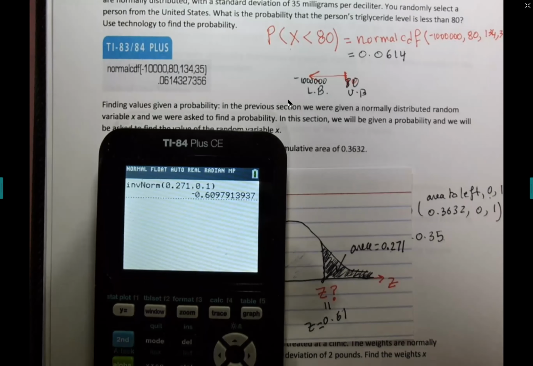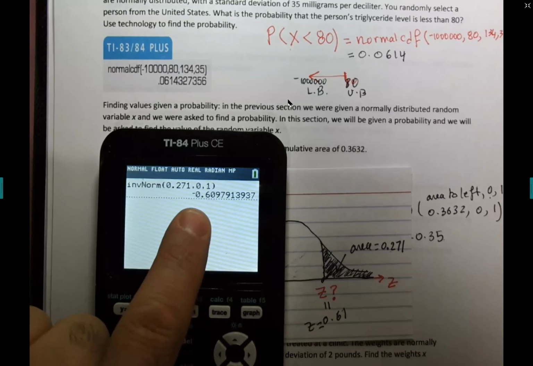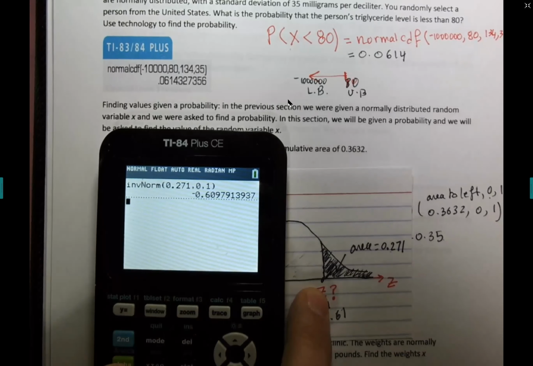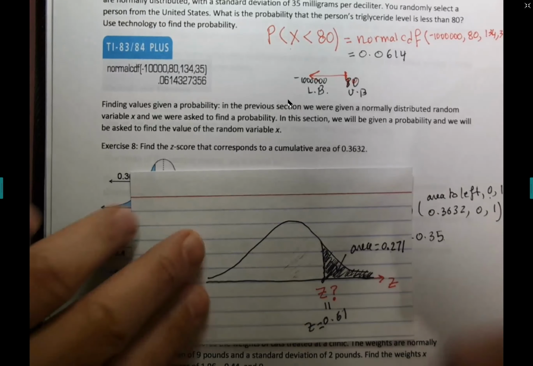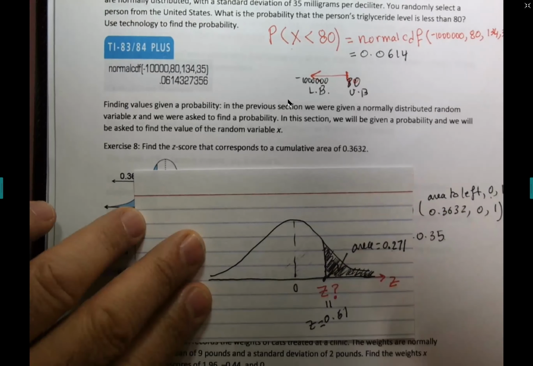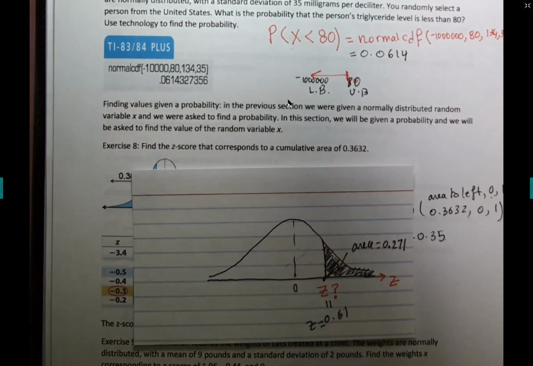We need a positive z-score because that's on the right. It's on the right side of 0, guys. This is 0 right here. So just switch it, 0.61. But I prefer that students do it properly.